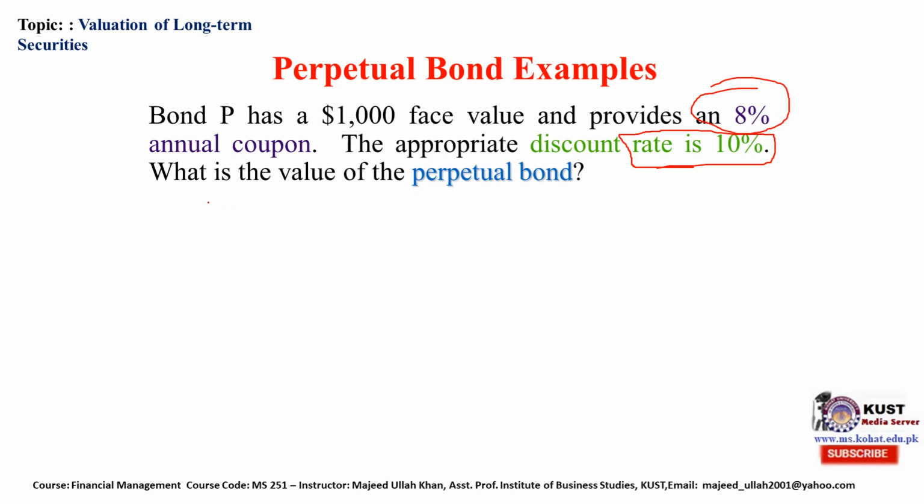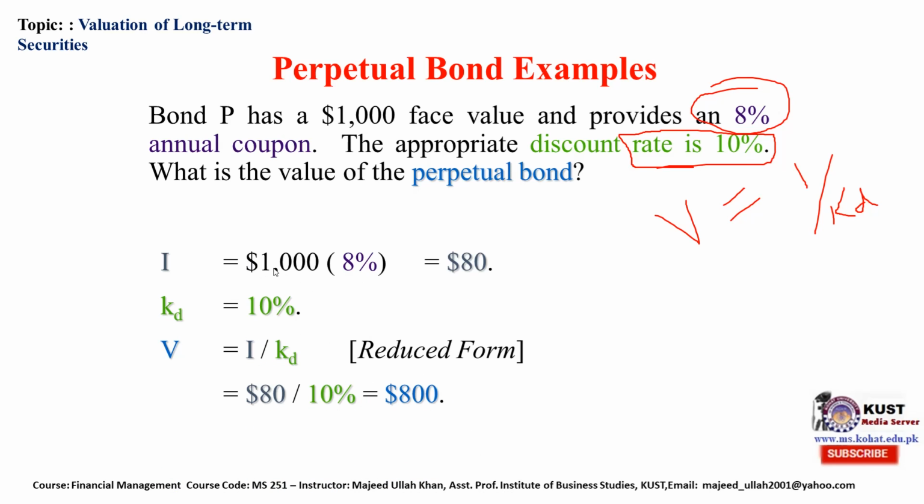What will be the value of the perpetual bond? As I mentioned, V is equal to I divided by Kd. I is 8%, that is $80, and the discount rate is 10%, so 80 divided by 10% gives you your value.